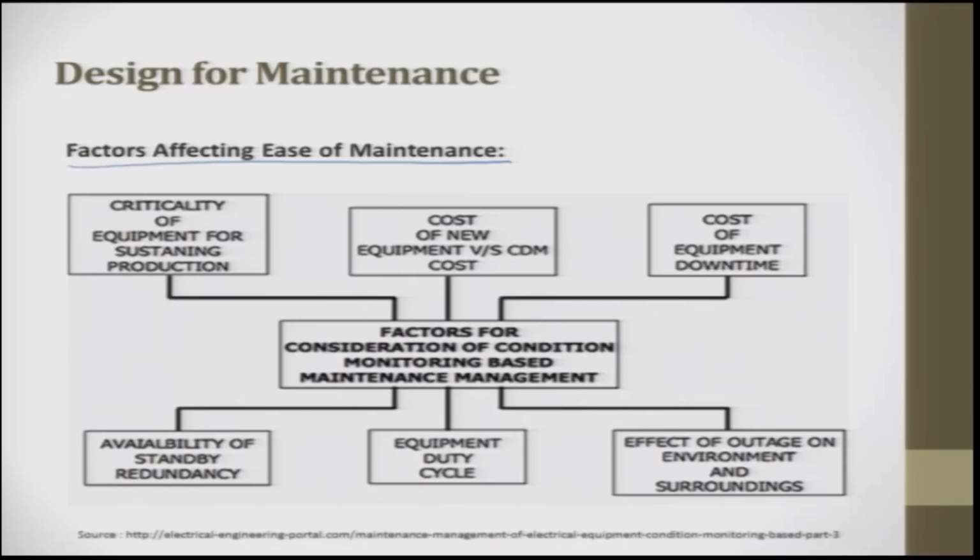Then availability of standby redundancy, equipment duty cycle, and then effect of outage on environment and surroundings. So, these are the 6 factors which affect the ease of maintenance. Factors for consideration of condition monitoring based maintenance management. So, now what people are talking about: condition monitoring.